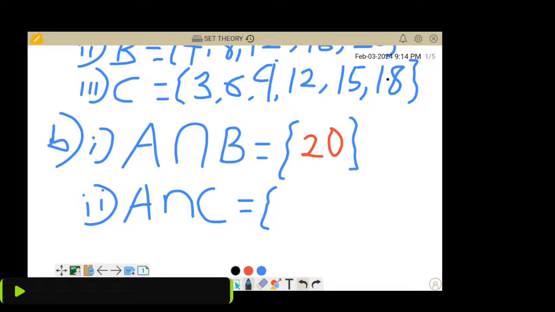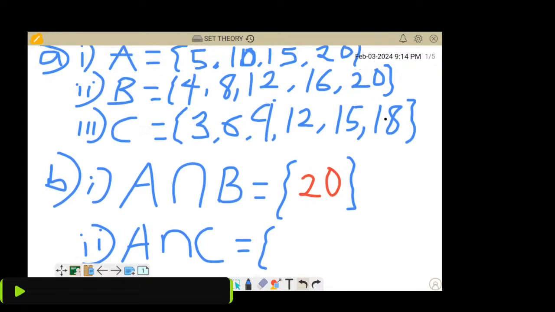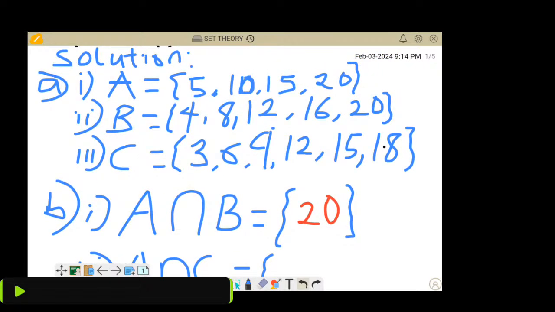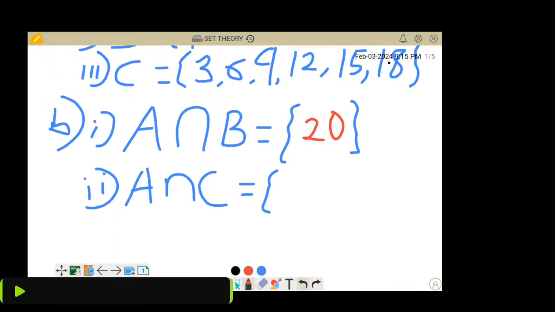Let's quickly check. These are the elements of A, and these are the elements of C. So what do they have in common? We can see that in A we have 15, and in C we also have 15. Aside from that 15, no other number is common to both of them. So A intersection C is equal to 15.